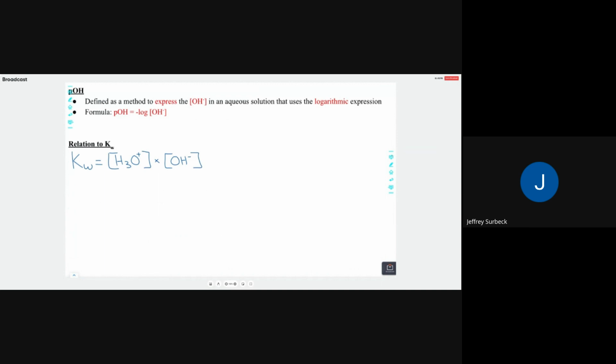KW is actually equal to 1 times 10 to the negative 14, so I'm going to replace that with 1 times 10 to the negative 14, and that is still equal to our H3O plus times our OH minus.